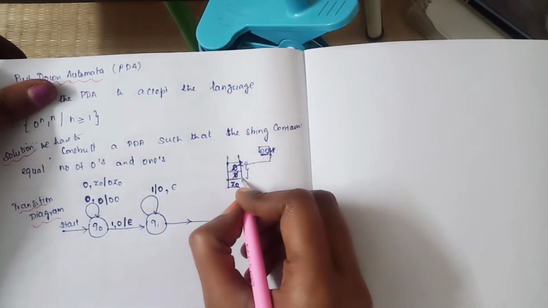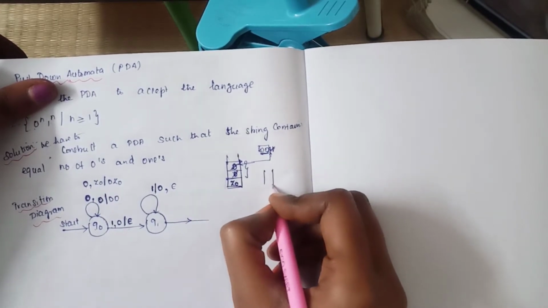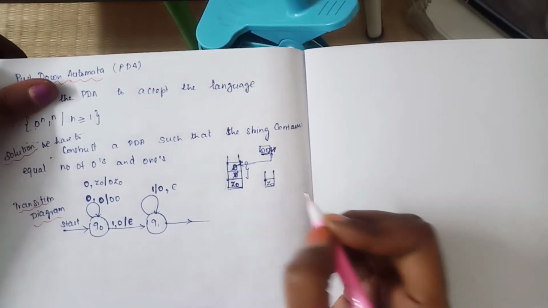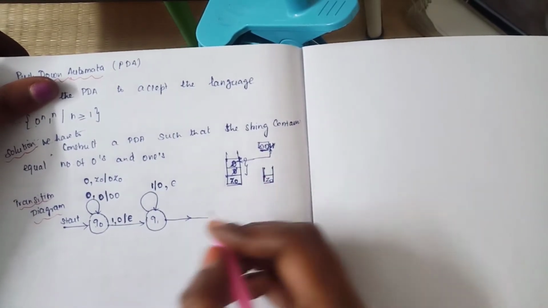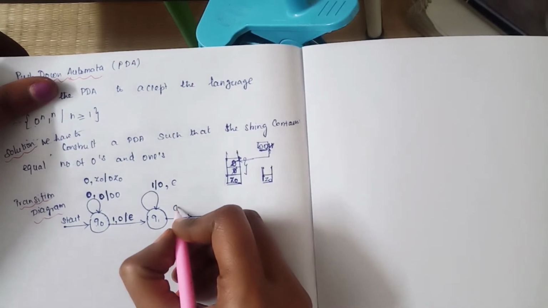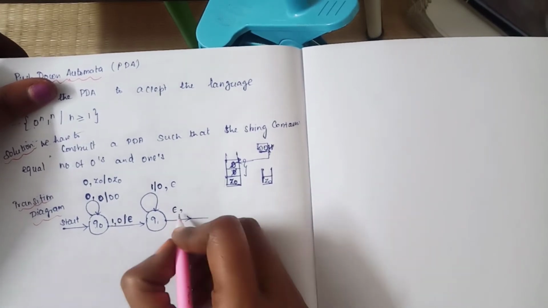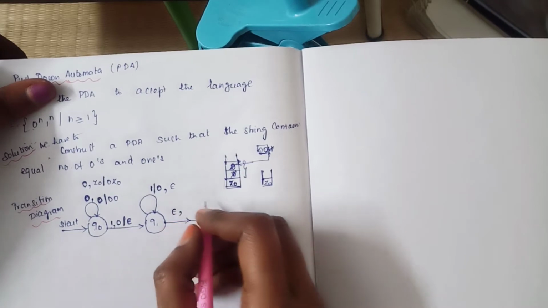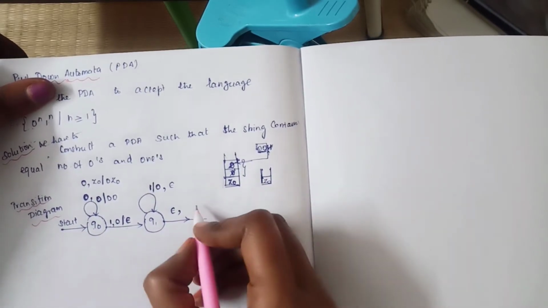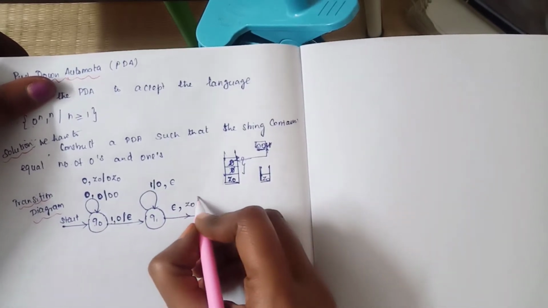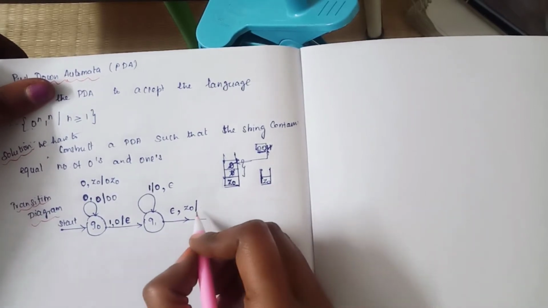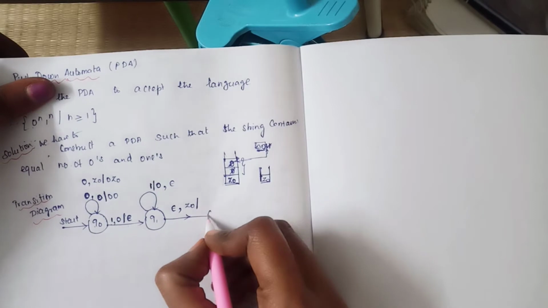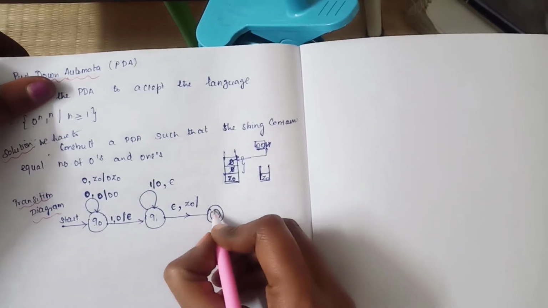At one point of time, all zeros and ones are cancelled. So now only Z0 is available over here, right? Only Z0 is available. For this, let me check: I am not having an input symbol, which is known as the empty string, and my top of the stack is Z0. Here I am reaching my final state.